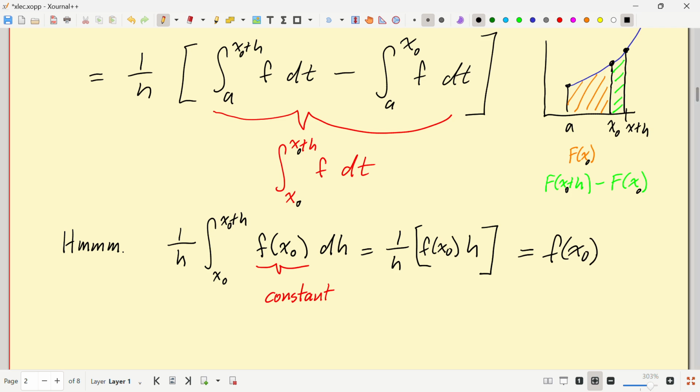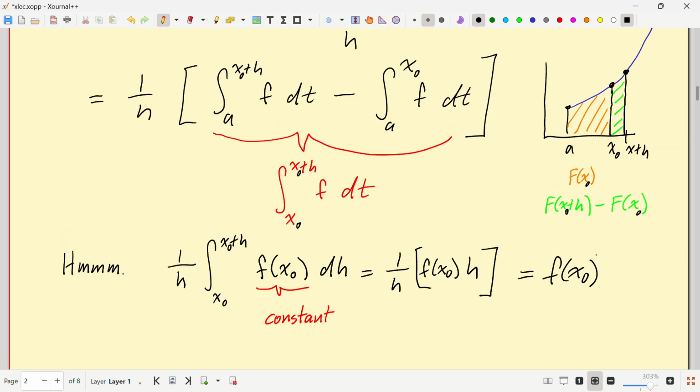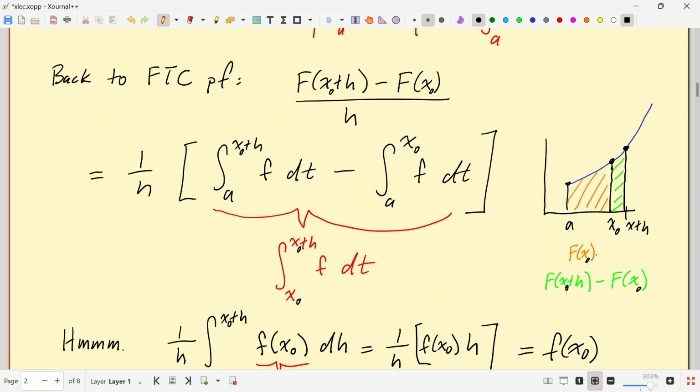Okay. And so if f is almost constant, we ought to get something that's almost that. And in the limit, we'll get that. That's the plan. So I don't have to write this again, I'm going to call this difference quotient, dq.